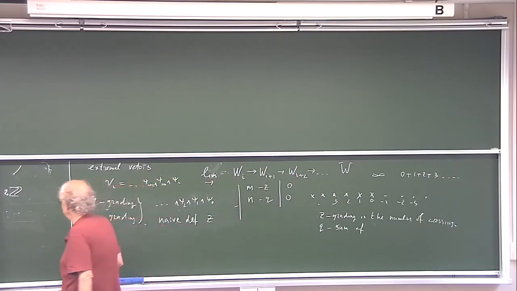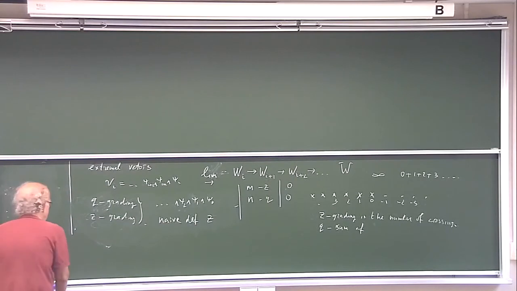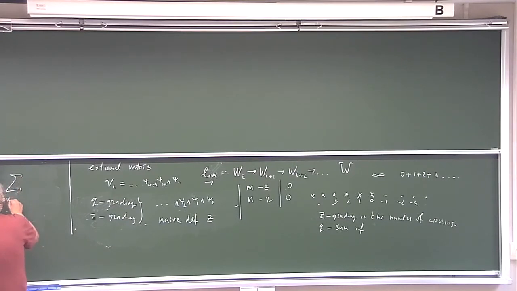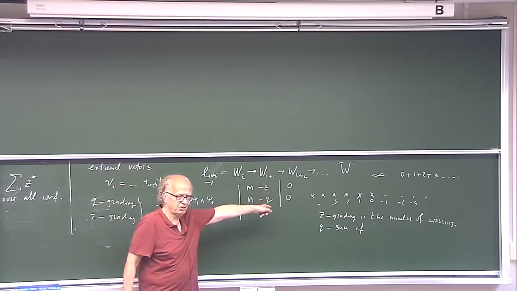And so in this way we can define a character as a sum over all configurations, and Z here has a power which is relative with respect to this one, where it is both 0.